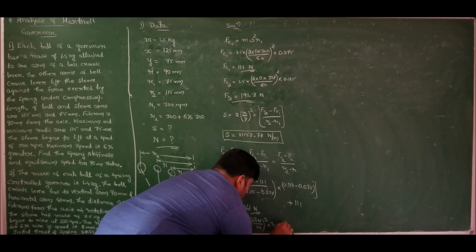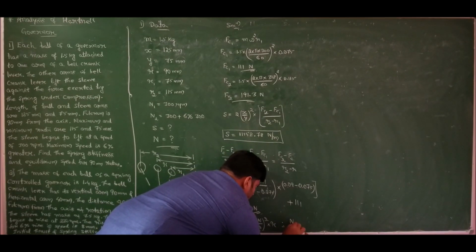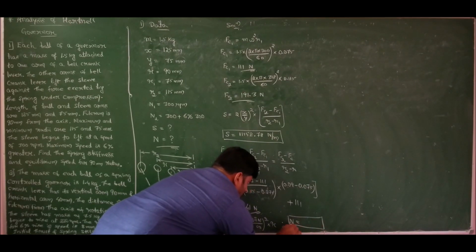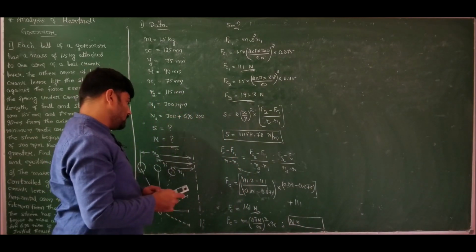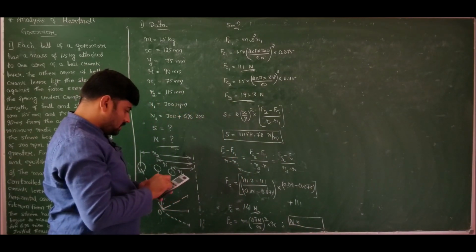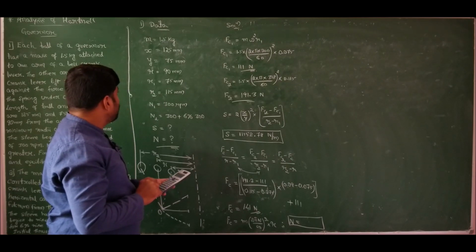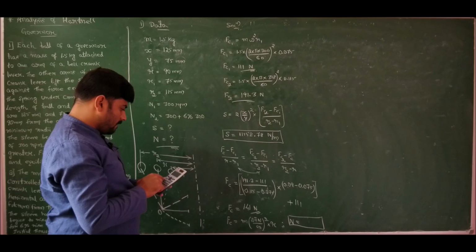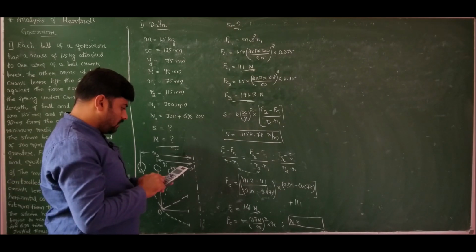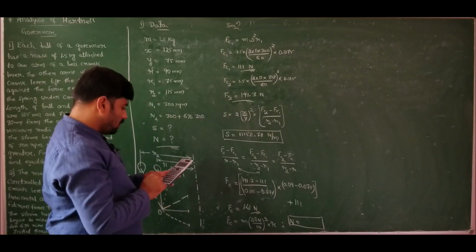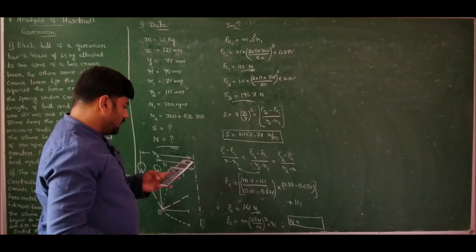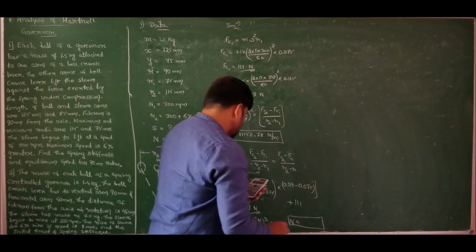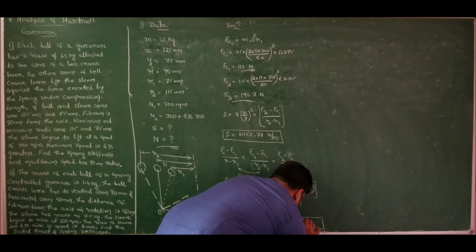If I substitute and solve, I get the value of speed N. For this problem, Fc is 141, which must be equal to m, which is 1.5 kg, into (2 pi N divided by 60) whole square, multiplied by r. The radius is 0.09. If I solve, I get the value of speed at mean position as 308.6 rpm.